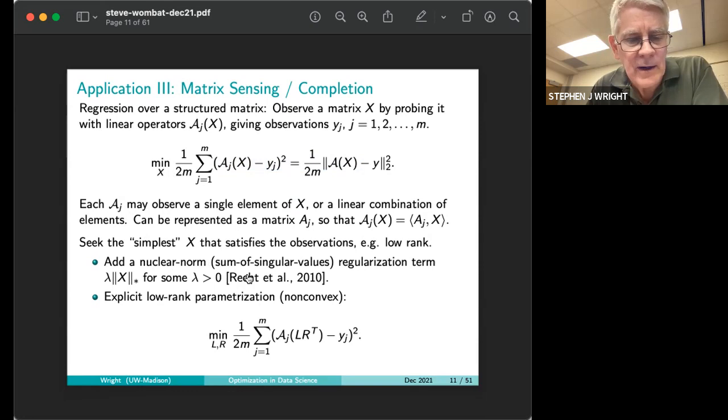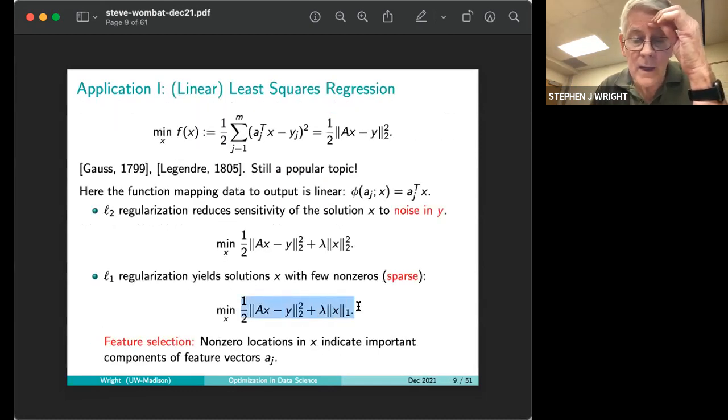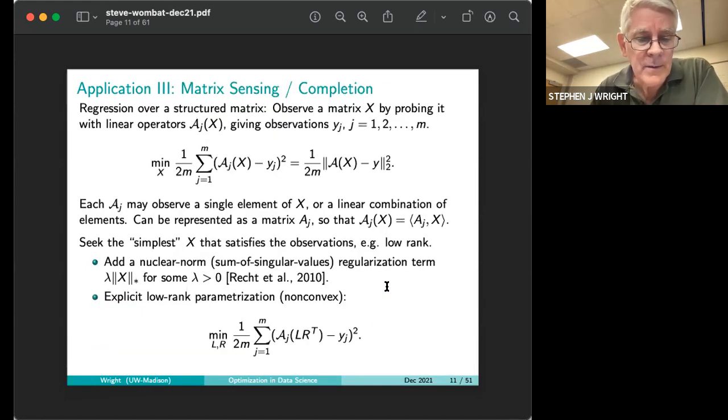The original way that generated a lot of excitement was in a paper of Recht, Fazel, and Parrilo in SIAM Review in 2010, where they just took this least squares loss and added on what's called a nuclear norm term. The nuclear norm of a matrix is just the sum of its singular values. So what they got was a problem that looked a lot like L1 regression. It looked like the extension of L1 regression to the matrix case. And they were able to show that by minimizing that, it gave them a solution X with low rank because it zeroed out most of the singular values.